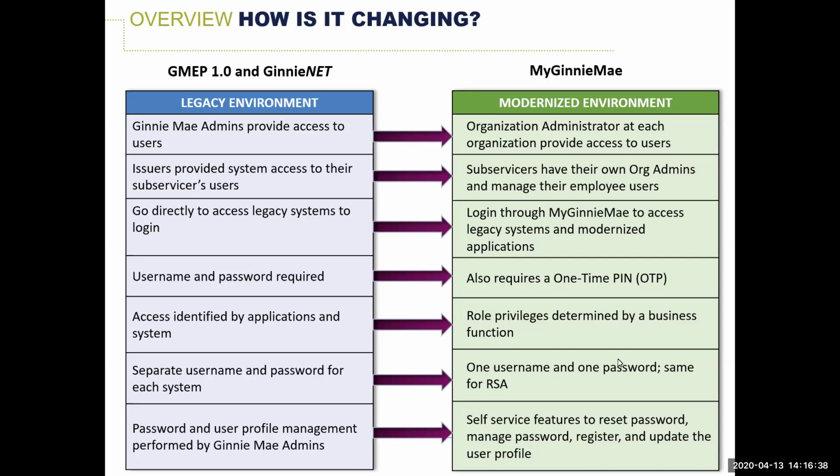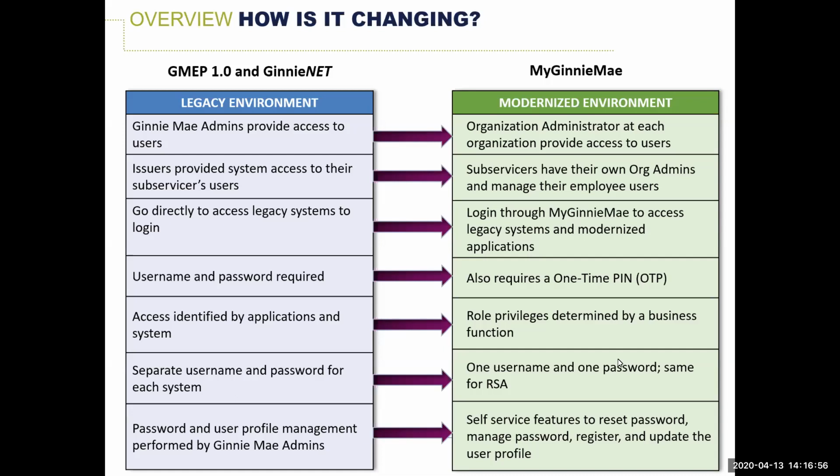As we introduce modernized systems, such as the single family pool delivery module, we will add that entitlement to the functional role. So we already know what your business function is, and we know that you need access to that new modernized application without you having to request it.